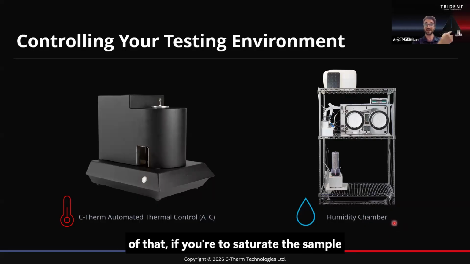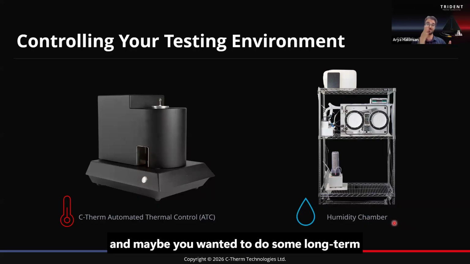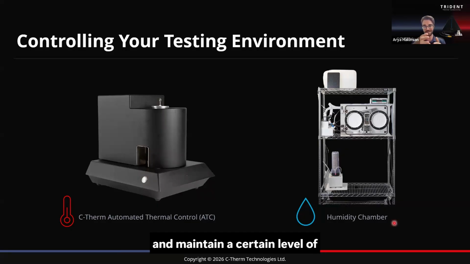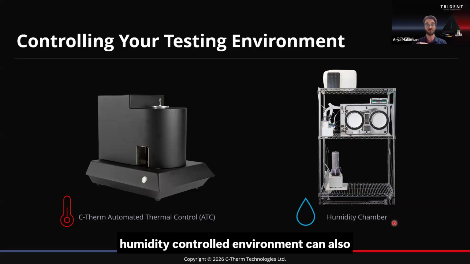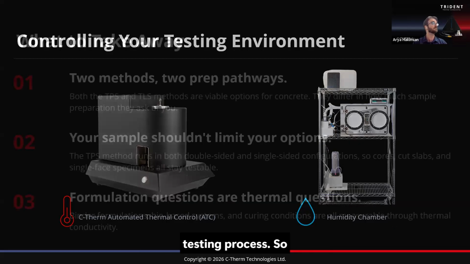If you're to saturate the sample and maybe you wanted to do some long-term testing and you didn't want it to dry out and wanted to maintain a certain level of saturation, putting the sample in an environmental or humidity controlled environment can also be quite relevant. We could talk about all the pressurization options and things of that sort, but these are two that we've seen potential interest in this space, and I just wanted to share a couple of those different off-the-shelf solutions that we can provide to help simplify your testing process.